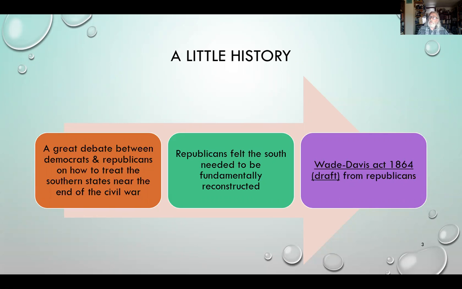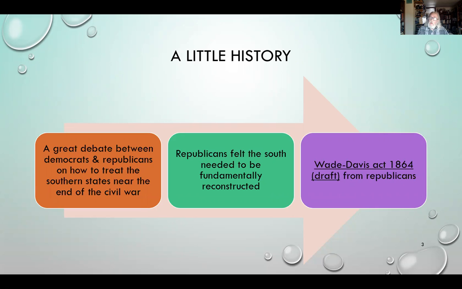Republicans were much more hardline about this. In effect, they wanted revenge. They wanted to punish the South and the leaders that were down there. They felt that the South and those southern states needed to be fundamentally broken down and changed into new structures. And so this really was the debate of the hour.